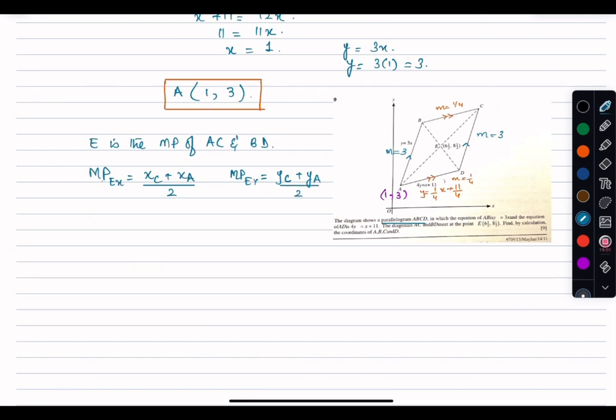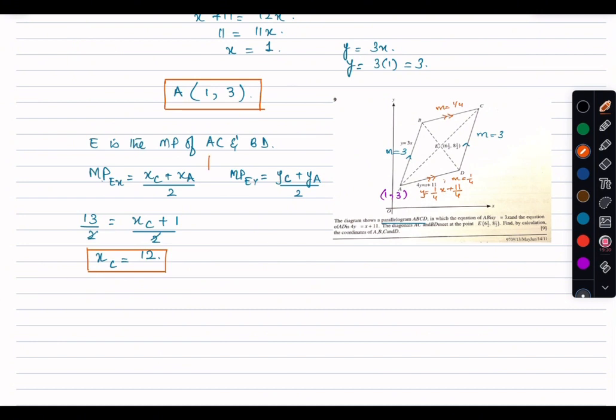I have been given E, and the x coordinate of E is 13 by 2, which shall be equal to xC plus 1, which is the x coordinate of A, divided by 2. So the 2 gets cancelled and I will be left with the x coordinate of C, which is 13 minus 1, that is 12.